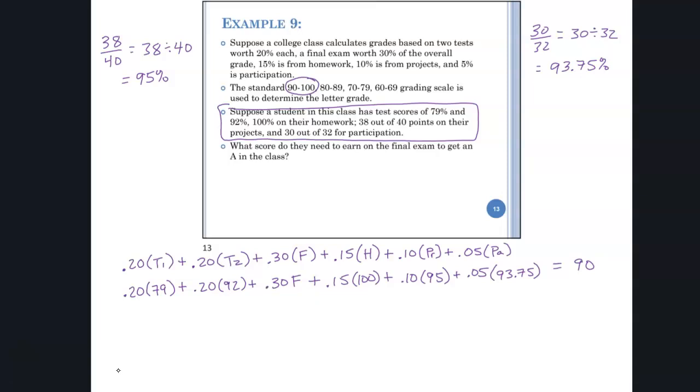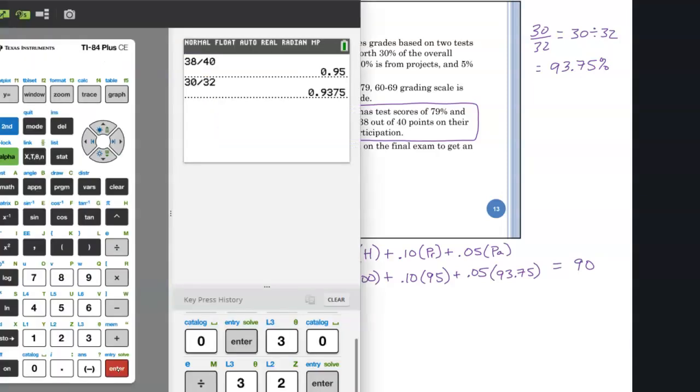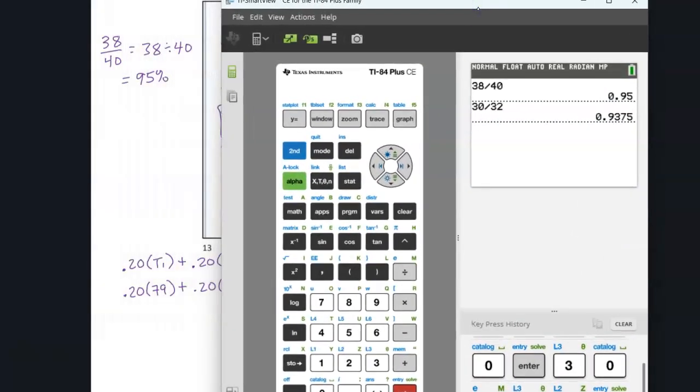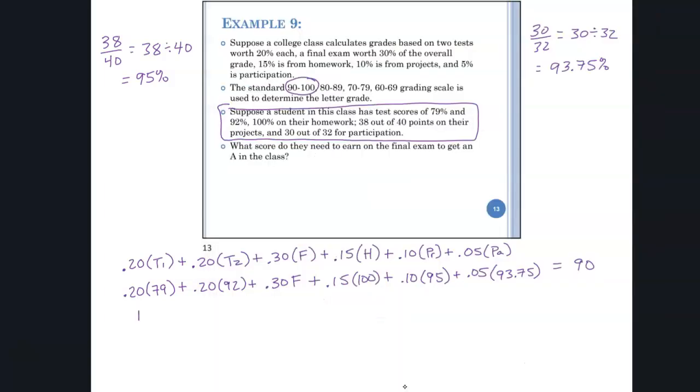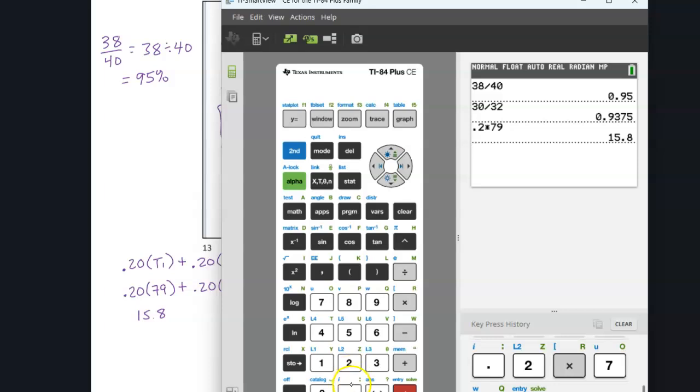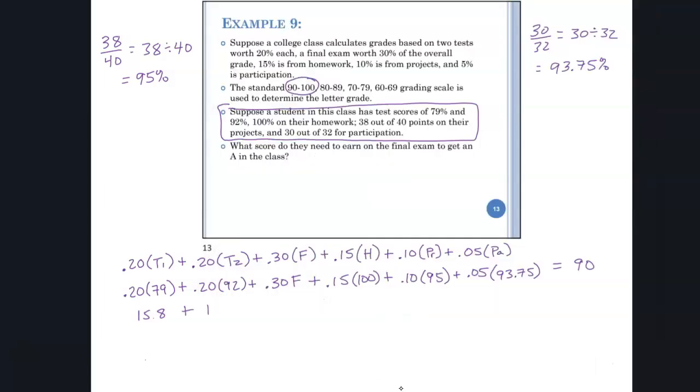All right, so then we're going to go ahead and do some multiplication and simplification here. And the calculator is going to help speed this up a little bit. So we can do 0.2 times 79. That's 15.8. And then 0.20 times 92. That's 18.4.